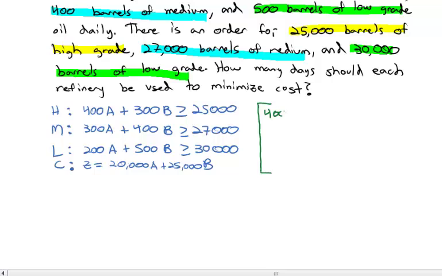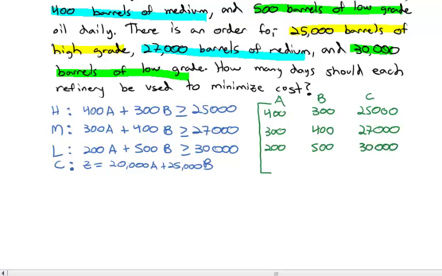First the matrix is 400 A's, 300 B's, and then for our constant 25,000. The medium is 300 A's plus 400 B's. The constant is 27,000. The low grade, we've got 200 from A, 500 from B, and then 30,000. And then what we're trying to maximize is 20,000, 25,000, and then Z is always equal to 0.